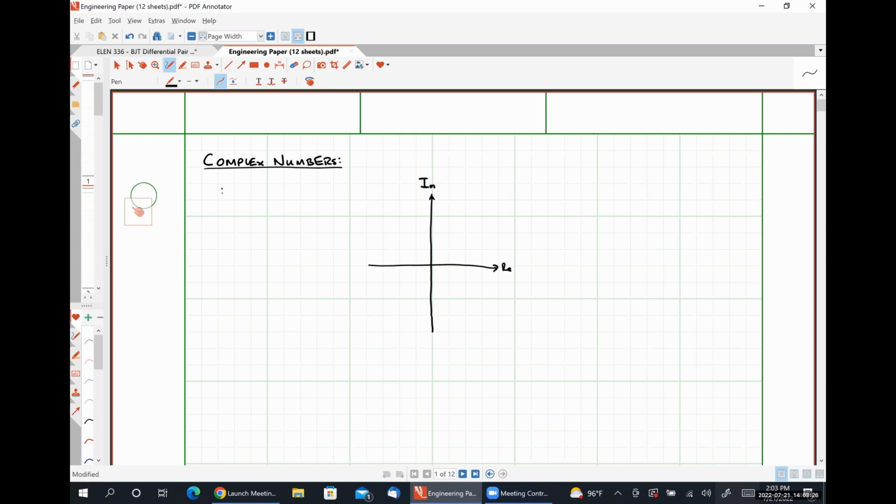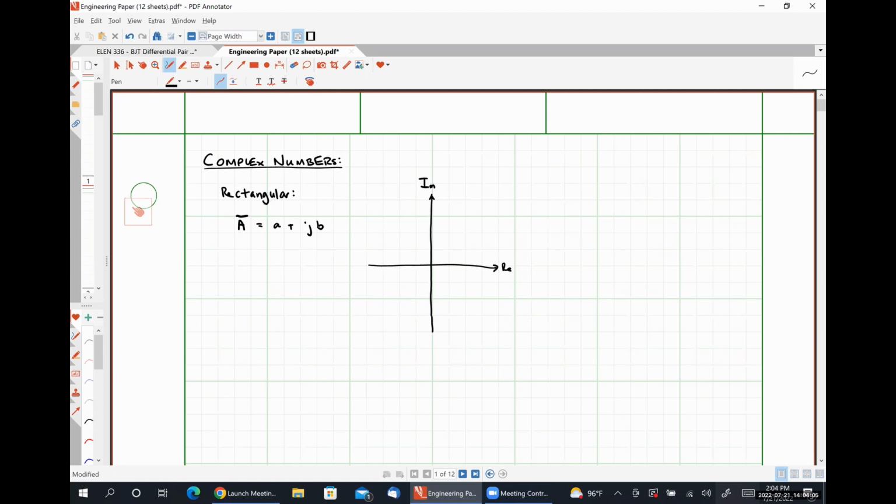So the first way that we'll learn to express complex numbers is in a rectangular format. And I'm going to say that a complex number A, in a textbook, you might see a complex number A written as A in boldface, but because I can't write in bold, I put a bar over the top to indicate that we have a complex number. And I might say that this is lowercase a plus jb.